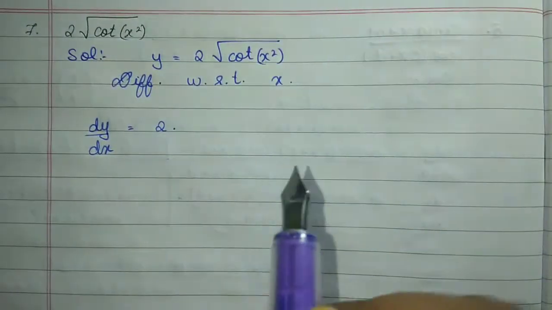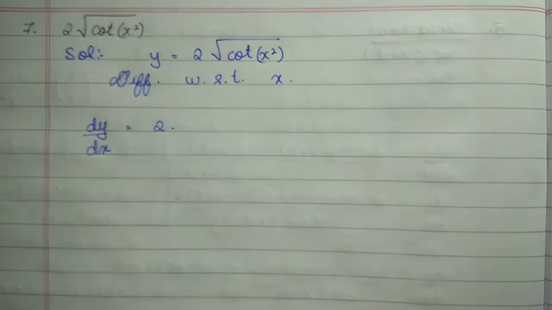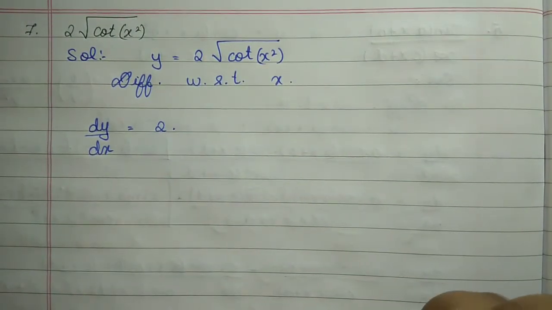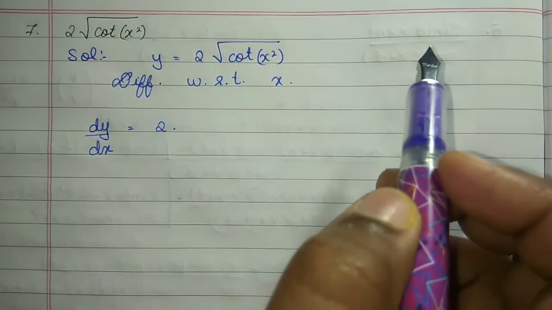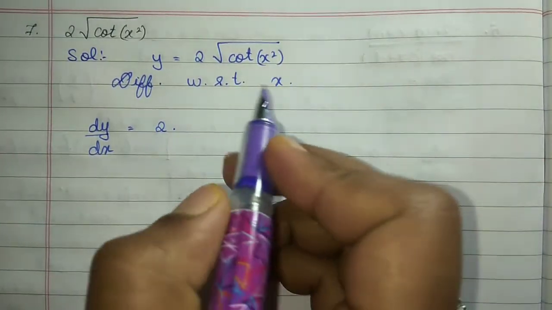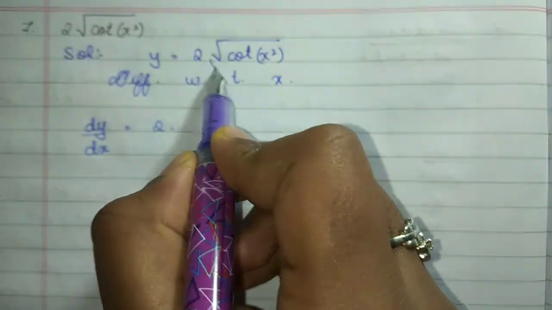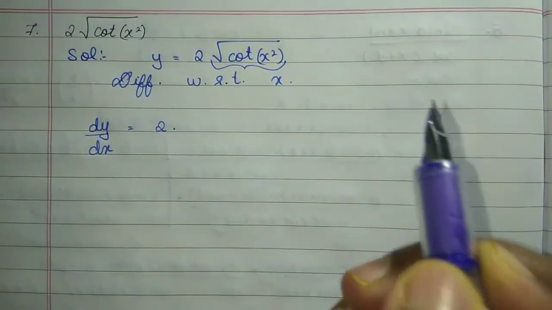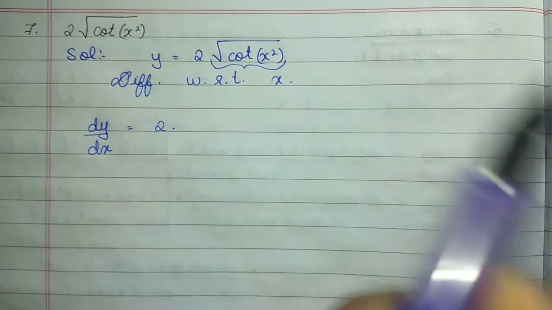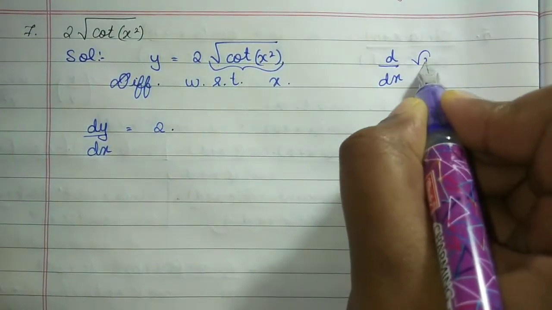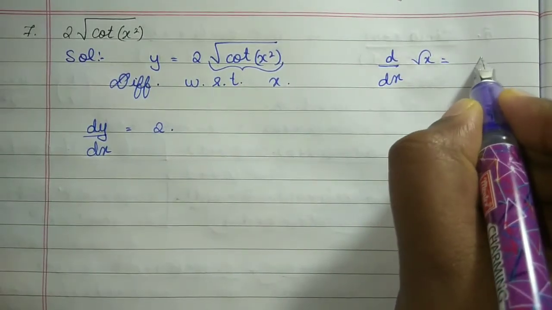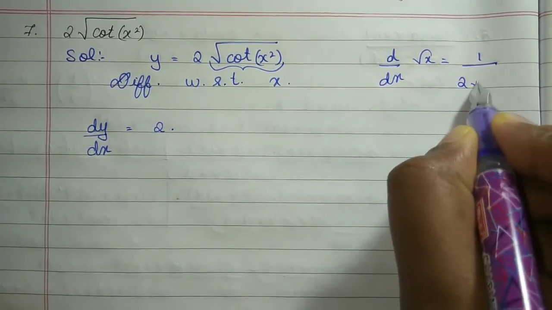As I said in the previous question, we have not learnt any formula for the derivative of cot square or root of cot and all those. So first we have to consider this as x power n only. Always remember d by dx of root x is 1 by 2 root x.